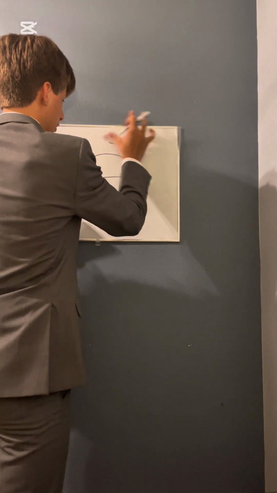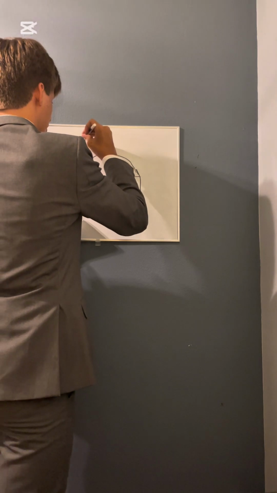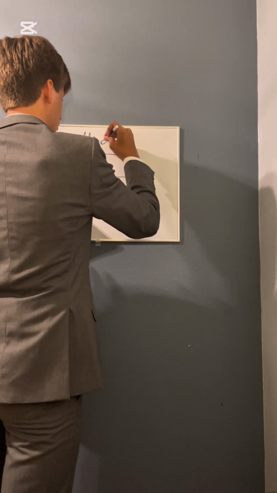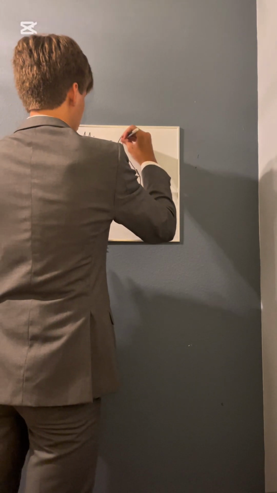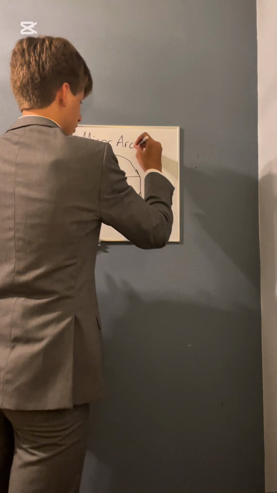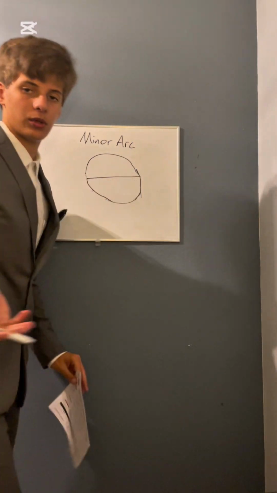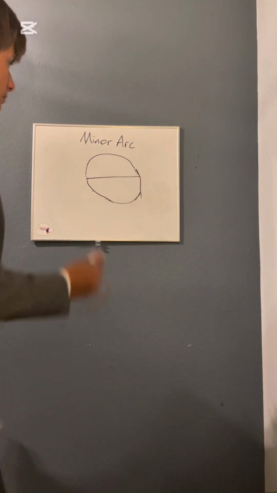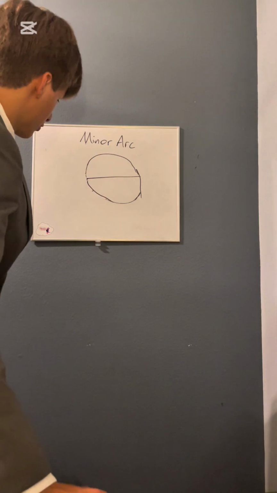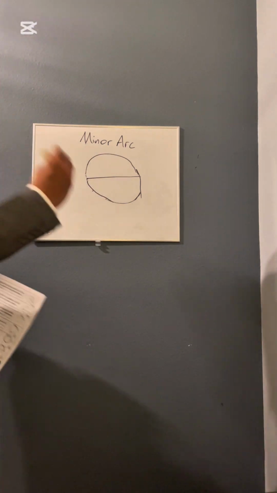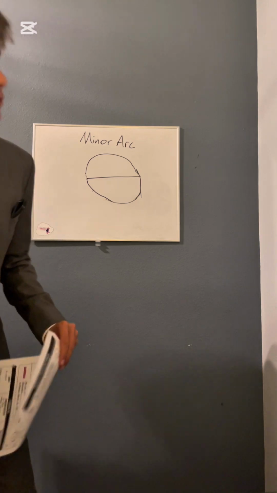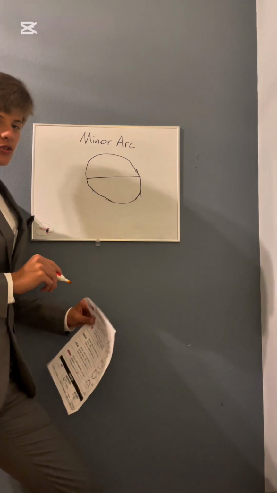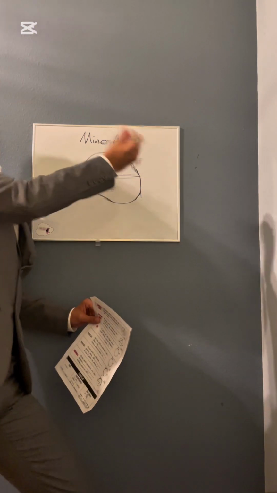Now, we are doing minor arcs. I'm only doing one example, so better listen up. Minor arc is just less than 180 degrees. If you remember, a straight line is 180 degrees, so it is just less than that.